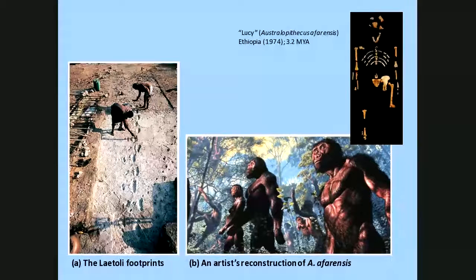One of the evidences to suggest that Lucy at least spent some of her time being bipedal is that at the back of your skull there's a hole. It's called the foramen magnum. It's the hole that your spinal column goes through.